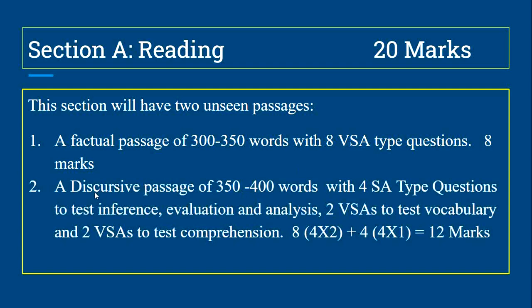And the second passage is a discursive passage consisting of 350 to 400 words, with 4 short answer type questions to test your inference, evaluation and analysis skills, 2 very short answer type questions to test your vocabulary, and 2 very short answer type questions to test your comprehension. The first 4 short answer type questions will each carry 2 marks, so 4 into 2, 8 marks, and the rest 2 VSA type questions will carry 1 mark each, so a total of 4 marks.